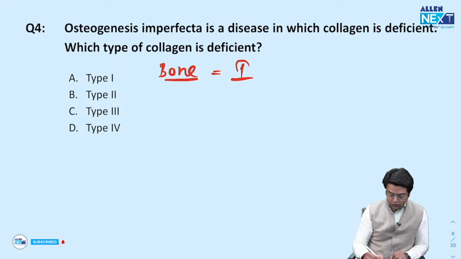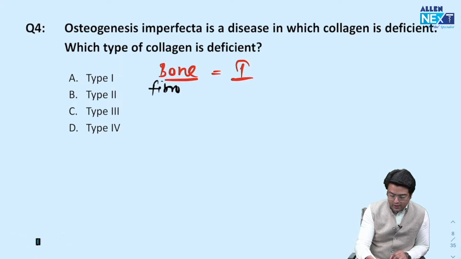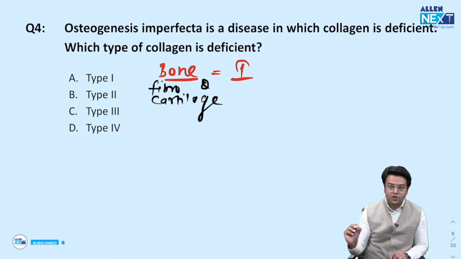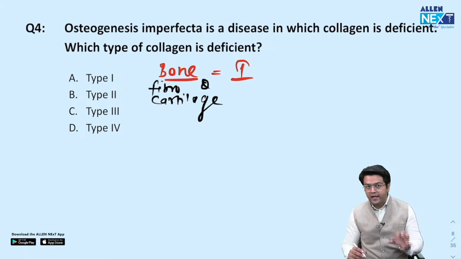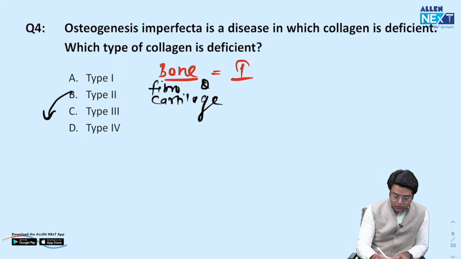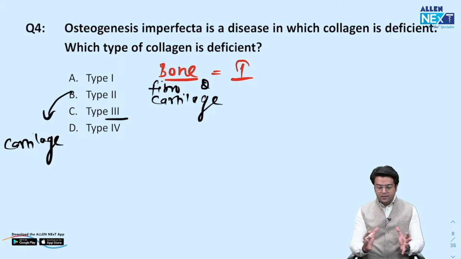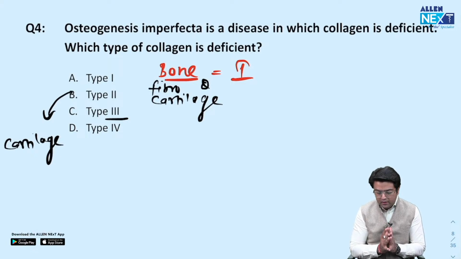Guys, one more thing which was a recent MCQ in the exam, and that was fibrocartilage, right? Fibrocartilage. That is also type 1 collagen. Don't forget this, because as soon as we see the word cartilage, we think of collagen type 2. So type 2 collagen is definitely present in cartilage. Type 3 collagen is present in extracellular matrix, right?